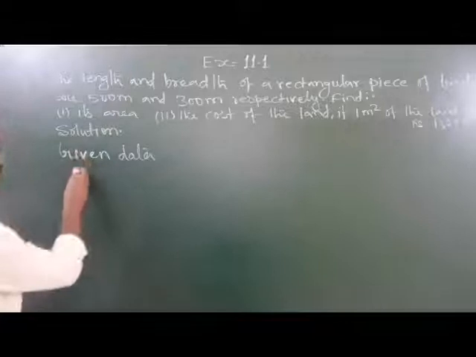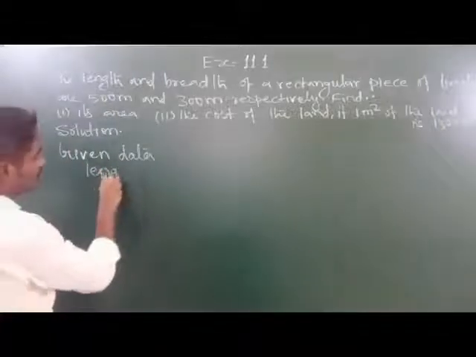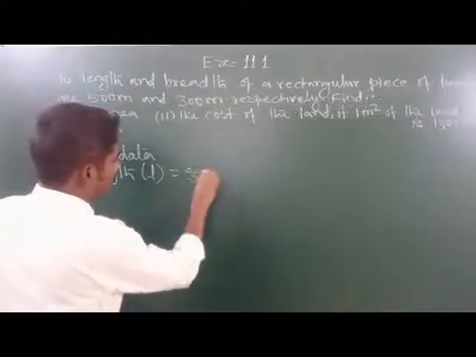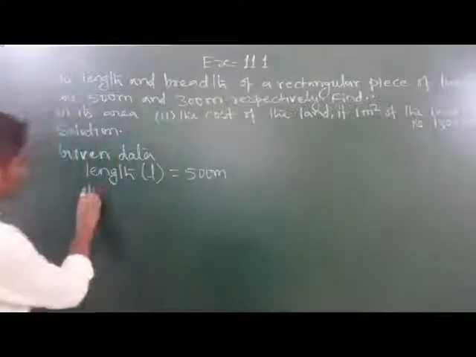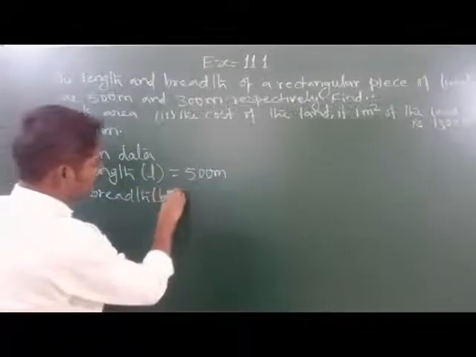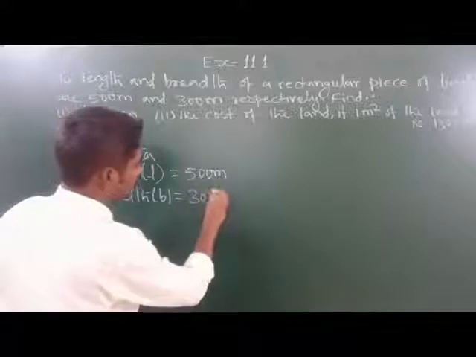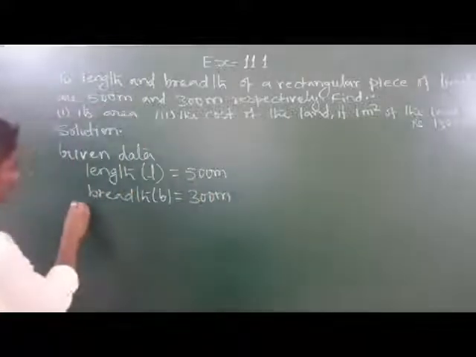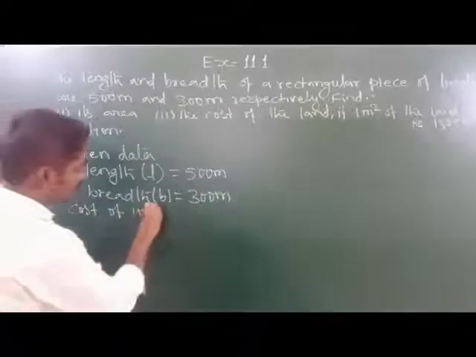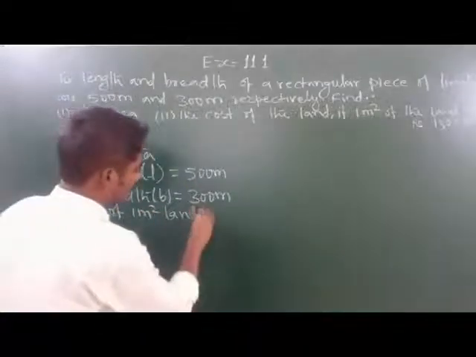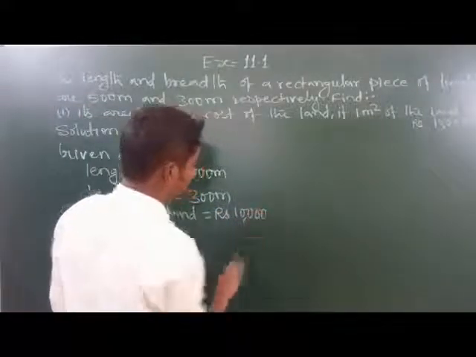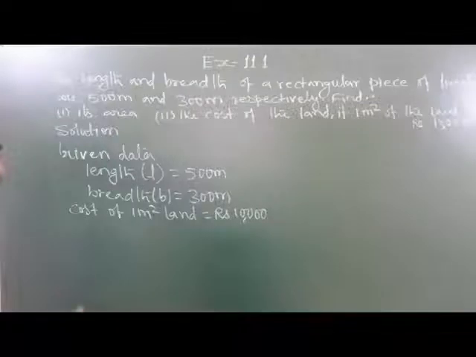See here, given data are: length, denoted by a small l, is 500 meter; breadth, denoted by a small b, is 300 meter. And the cost is also given: cost of 1 meter square land is equal to rupees 10,000, right?